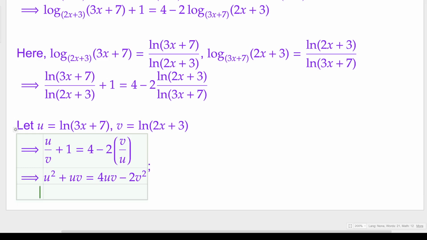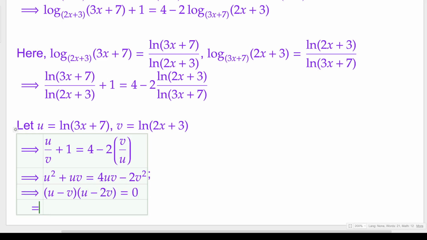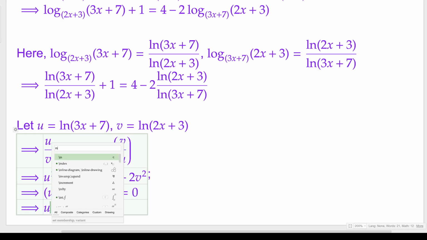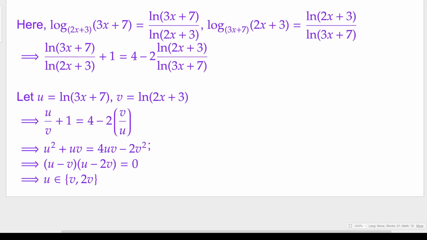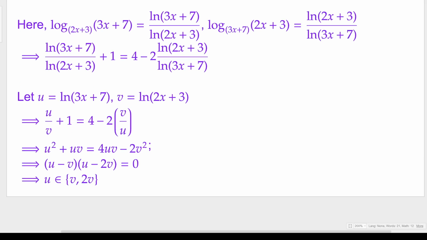Now on resolving this equation further, we get u minus v times u minus 2 times v, that is equal to 0. So from this we can say that u will belong to this set. So first is v and the next root will be 2v. So here two different cases will be there, so we'll handle those cases separately, right.